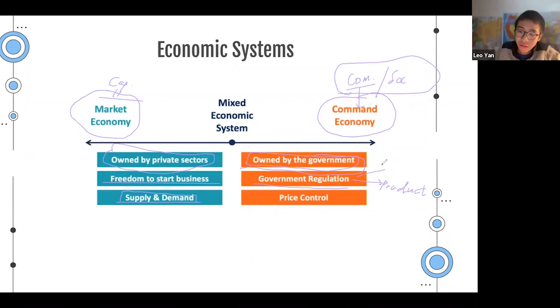One of the most iconic examples would be the Soviet Union. The Soviet Union was a communist country. So what exactly does this mean? It means that in the Soviet Union, all companies had to listen to the government. Let's say, well, I don't really know any good car companies in the Soviet Union, but let's say I worked for a company that produced cars.